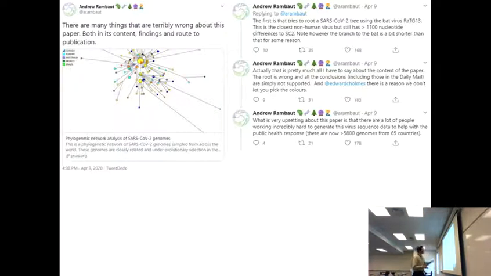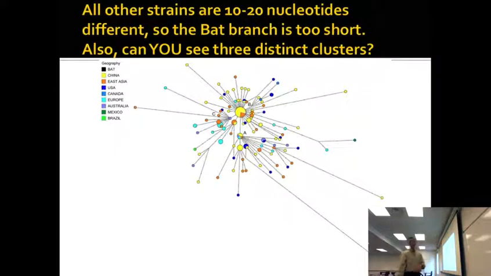A bunch of scientists published this tree, and here is another scientist doing peer review in real time, where they're taking the tree and they're saying, there's a problem with this tree. This doesn't look like it should. So there are 2 things that this scientist pointed out. For example, they said that they were comparing the bat sequence to the other ones.